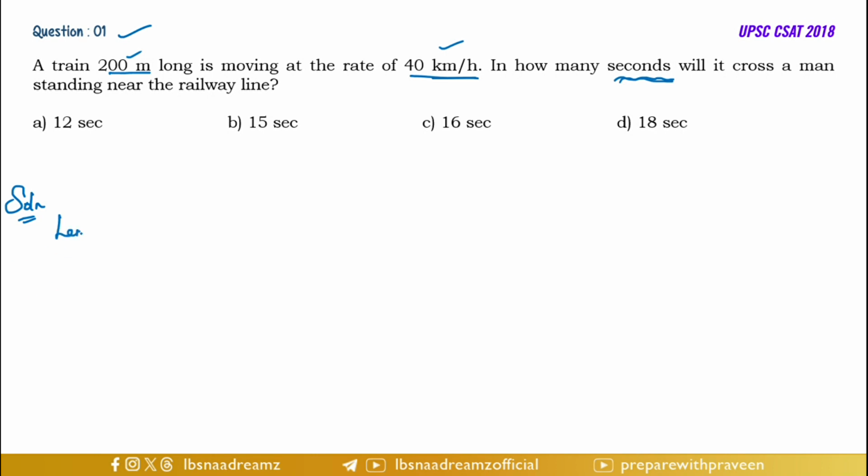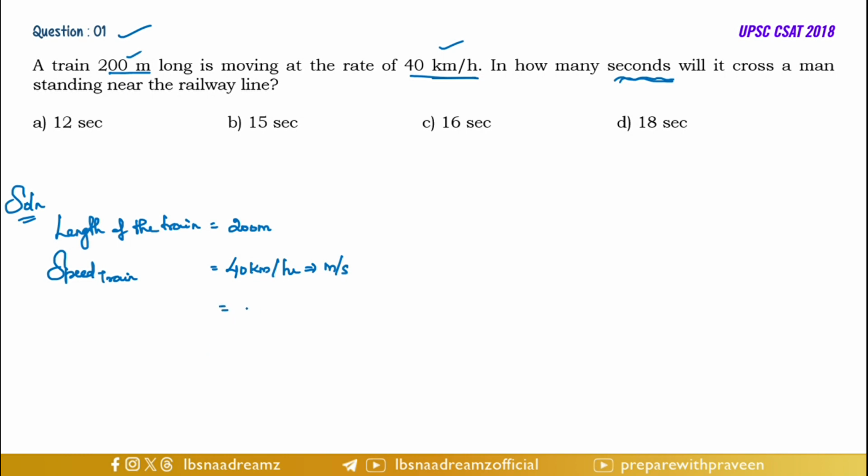Length of the train is equal to 200 meter. Speed of the train is equal to 40 km per hour. So we have to convert this to meter per second.